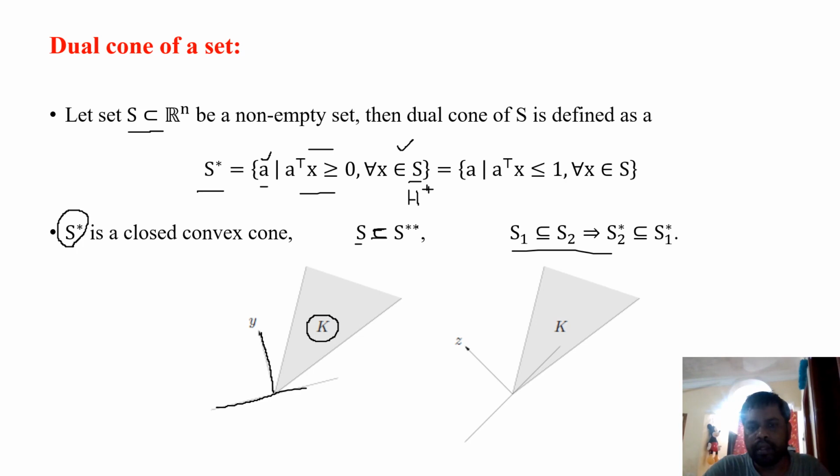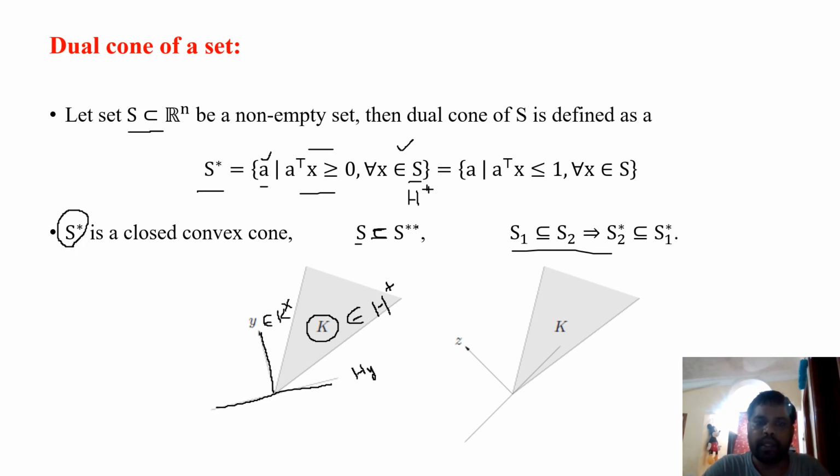Here we can observe that this hyperplane is acting like a separating hyperplane. It separates K from the outside world in such a way that K falls in the positive half space of the hyperplane associated with y. So simply we can say that y is an element of the dual cone of K, that means y belongs to K star.